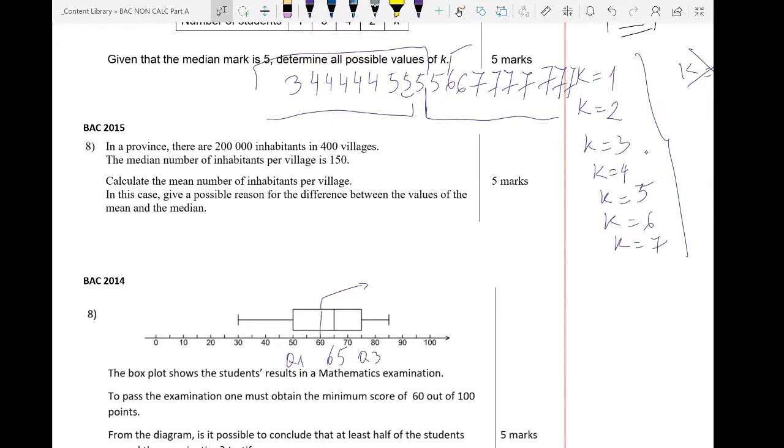In question 2015, we have 200,000 inhabitants in 400 villages. The median number per village is 150. Calculate the mean number of inhabitants per village.